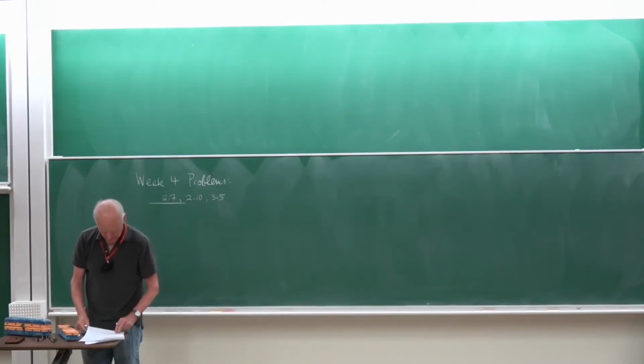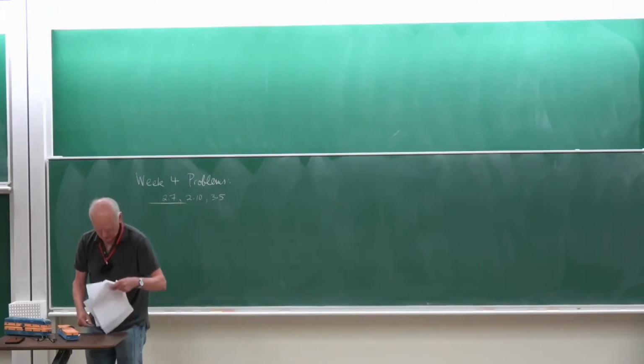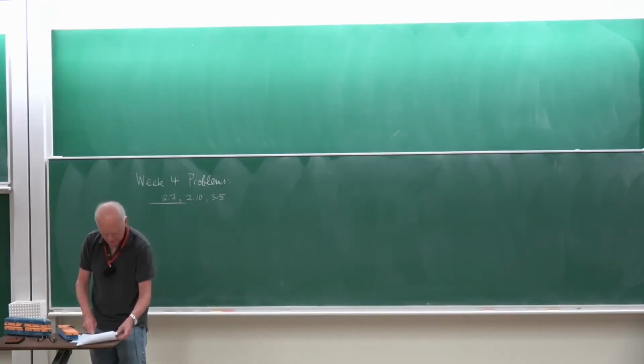Okay, so let's see. We need to talk about first variation. So the first variation of M, well, before we do that, though, I need to talk about the second fundamental form. So that's the next topic.